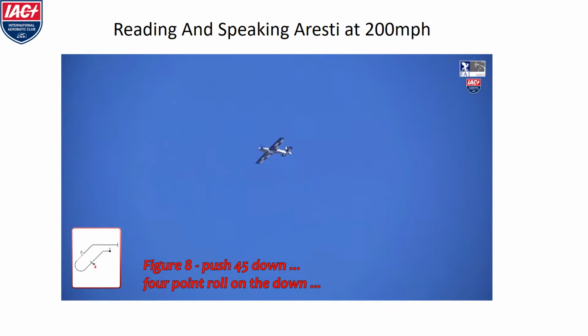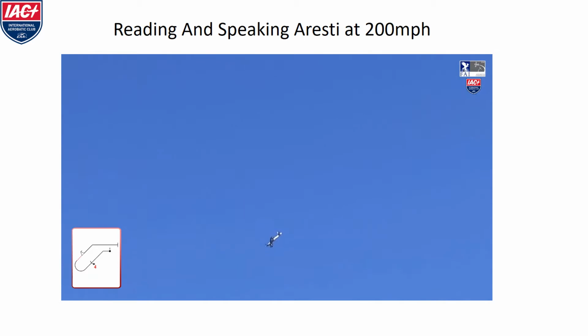Figure 8, push 45 down, 4-point roll on the down. Pull the 45 up, inverted. One half positive snap to upright, push level, end figure. Figure 9.